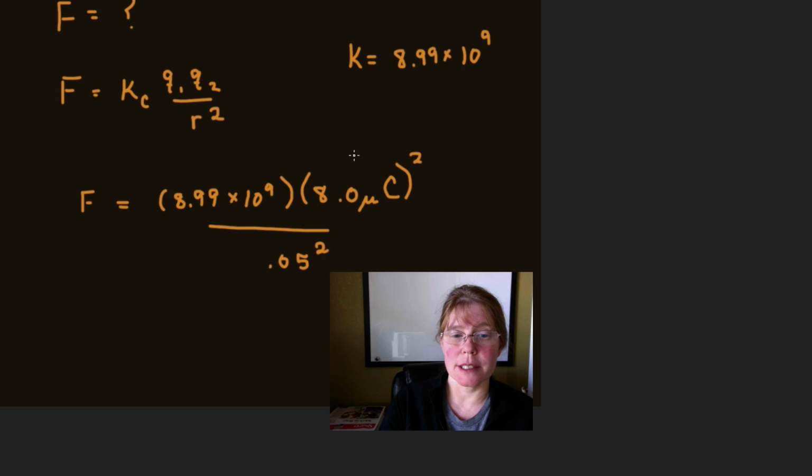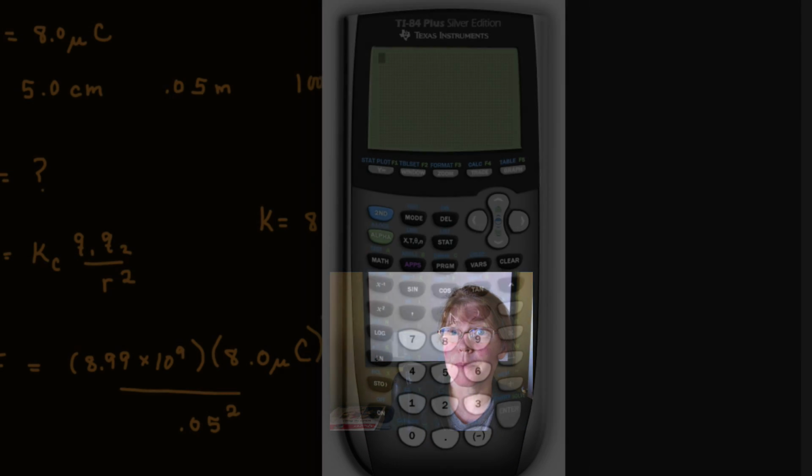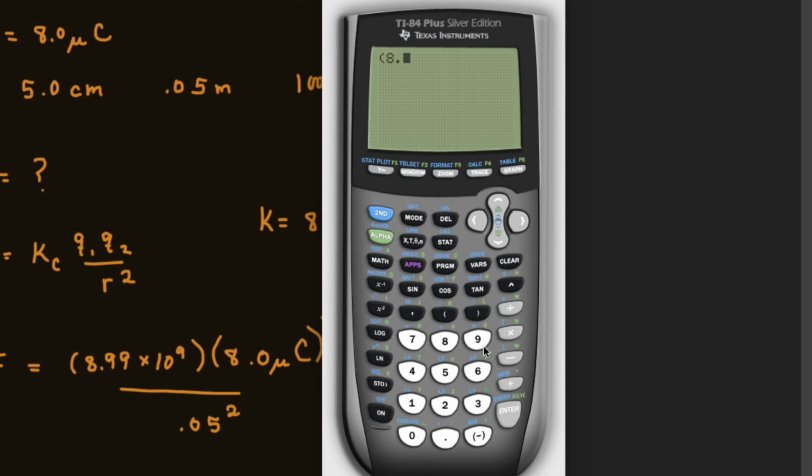Now we'll get out the trusty calculator and enter our numbers. Now we're going to have to do something a little bit fancy with our parentheses to make sure that we get the correct number.